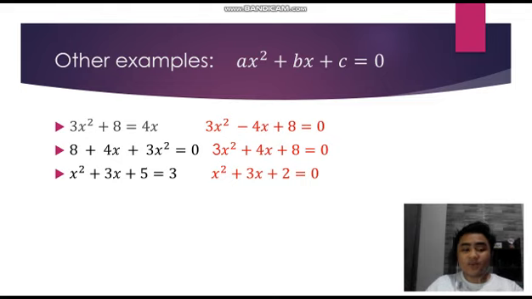From 3x squared plus 8 equals 4x, it becomes 3x squared minus 4x plus 8 equals 0 by transposing 4x. 8 plus 4x plus 3x squared equals 0 becomes 3x squared plus 4x plus 8 equals 0 by just rearranging. x squared plus 3x plus 5 equals 3 becomes x squared plus 3x plus 2 equals 0 by transposing 3 to the other side and subtracting 5 and 3, since when we transpose positive 3, it becomes negative 3 on the other side.